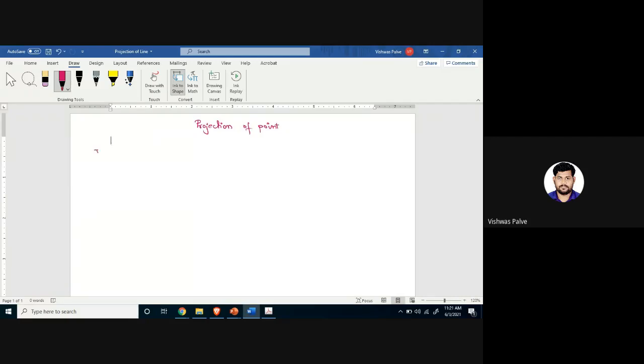So in the first quadrant, what is the condition? A point should be above HP and in front of VP.